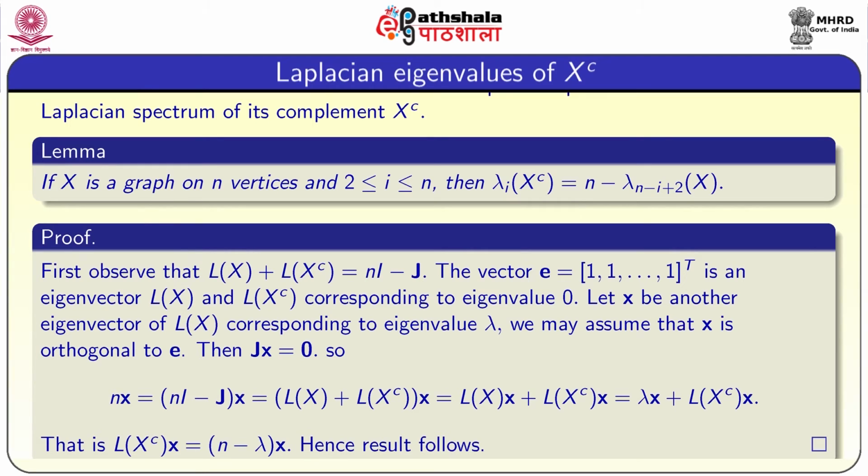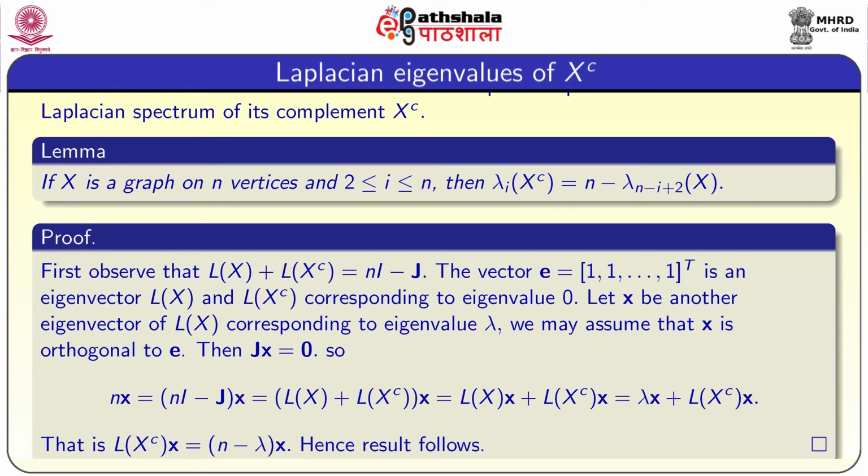Now it can be further simplified: L(X complement)x is equal to (n minus lambda) x. This shows that x is also an eigenvector of L(X complement) and the corresponding eigenvalue is n minus lambda, hence the result follows.